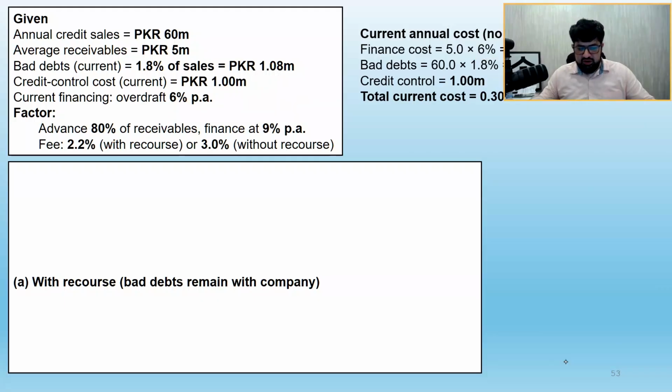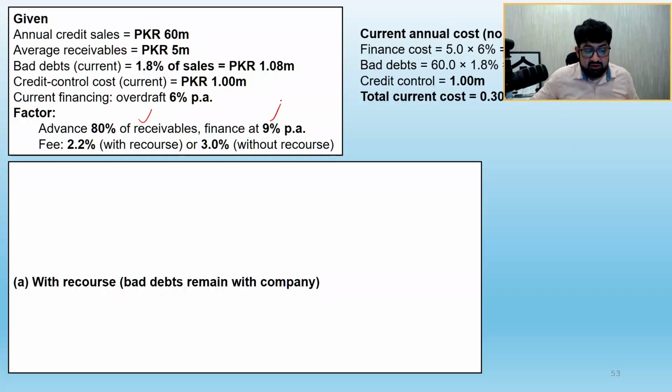Now we will evaluate the factor offer. There are some costs, which is finance cost. 80% of receivables will be financed by the factor at this rate, and the remaining 20% will be financed by the overdraft at the bank rate. That is the same in both cases, whether with recourse or without recourse.